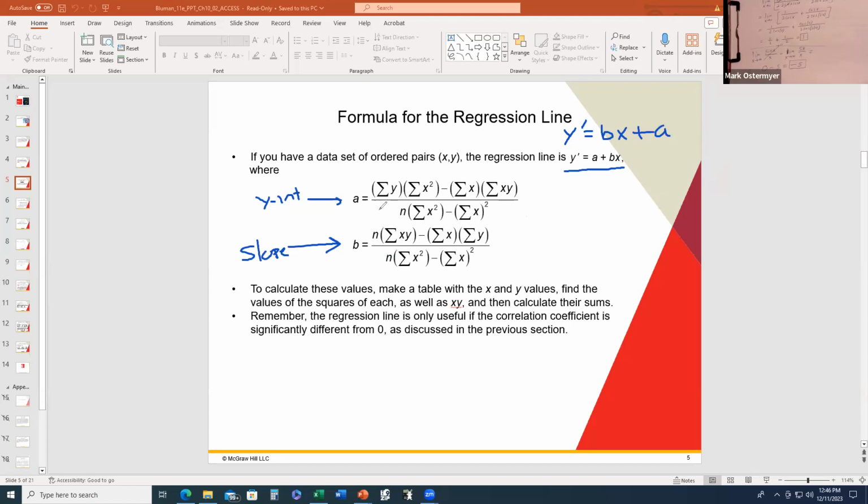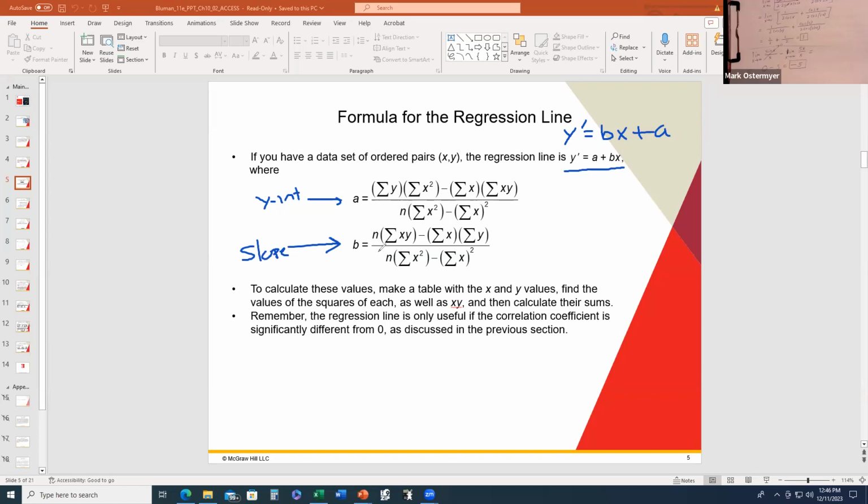To find a and b, we use these formulas here. And notice to find a, we're going to need to know the sum of y, the sum of x squared, the sum of xy. And we're going to need to know the number of observations or ordered pairs we collected.